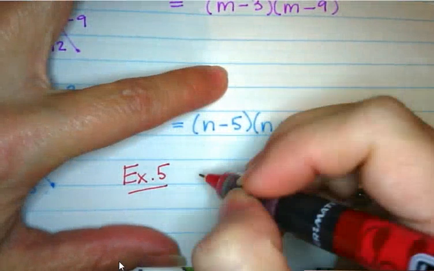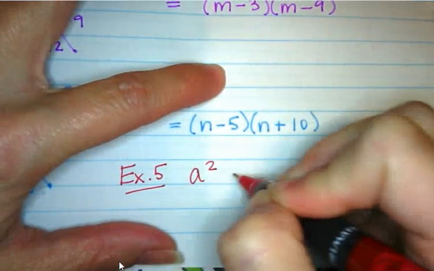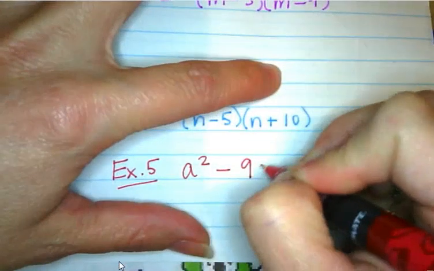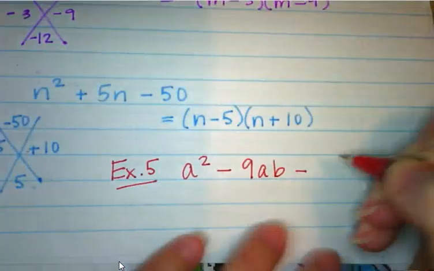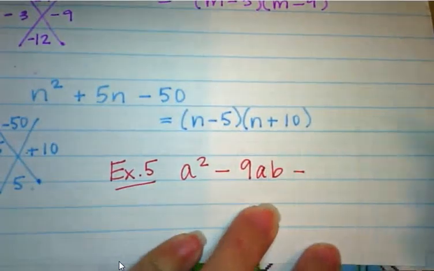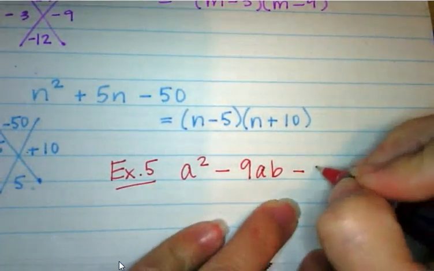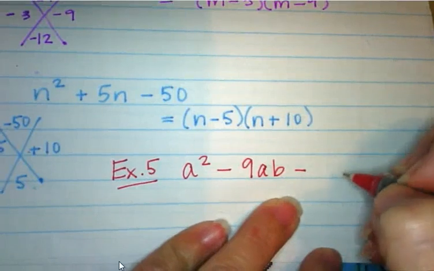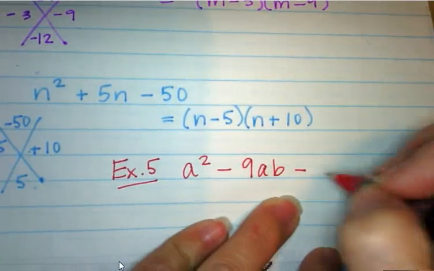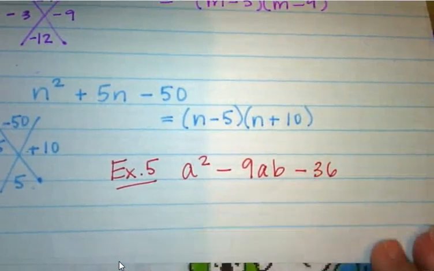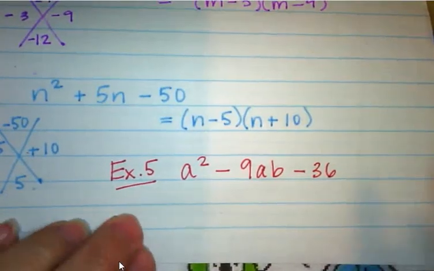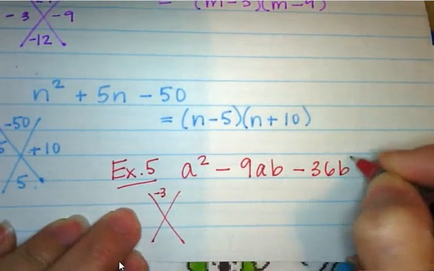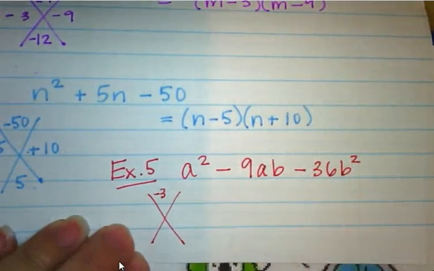So let's say we had a squared minus 9ab minus 36b squared.